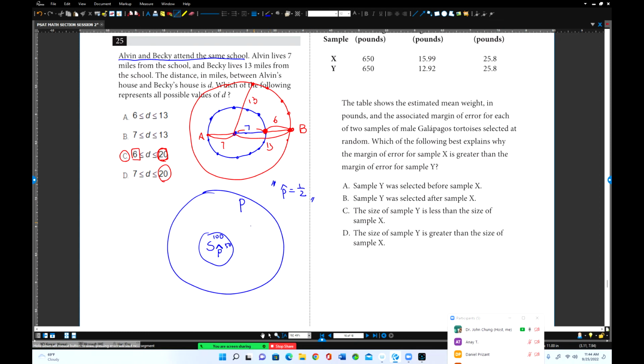We can apply this to the entire population of 5,000. We can predict, not exactly 1/2, but half of these 5,000 will like ice cream. But this is only from the 100.